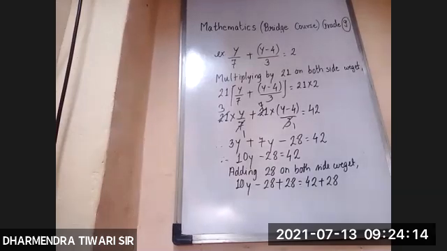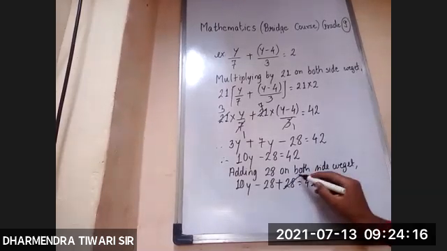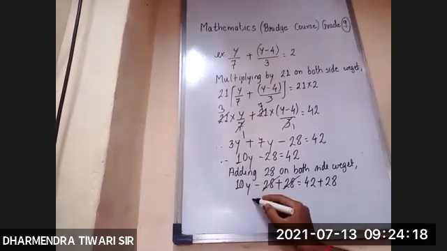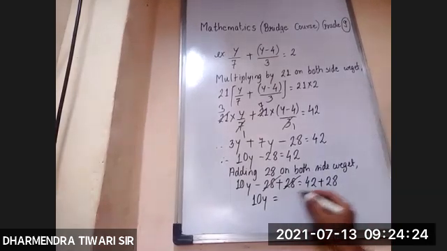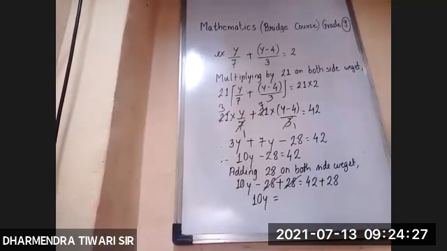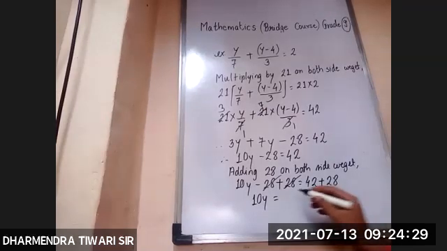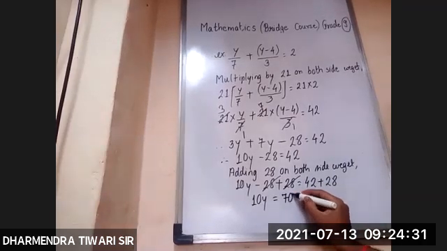Now terms on the same side with opposite sign get cancelled up. To cancel this, what remains? 10y is equal to 42 plus 28 is 70.